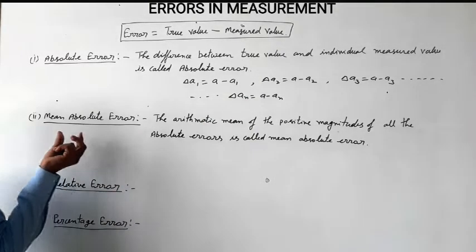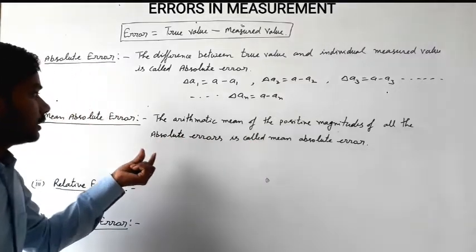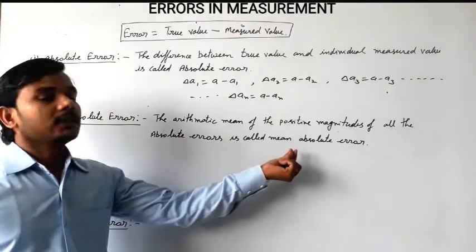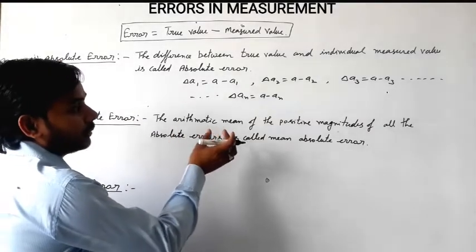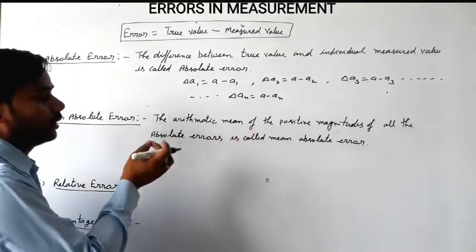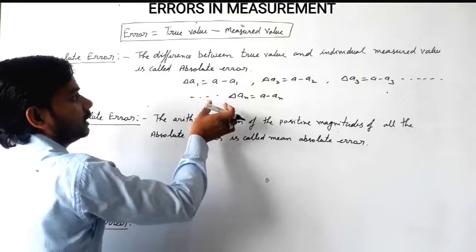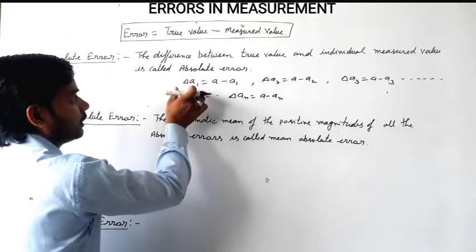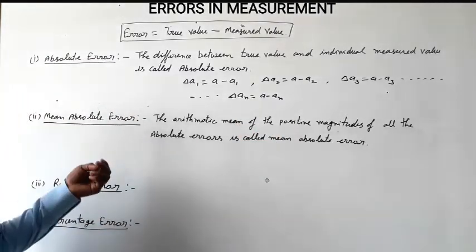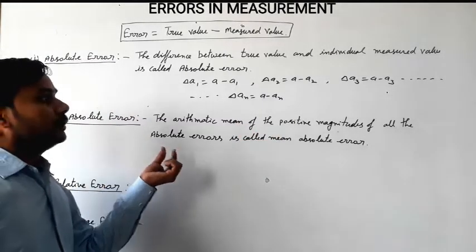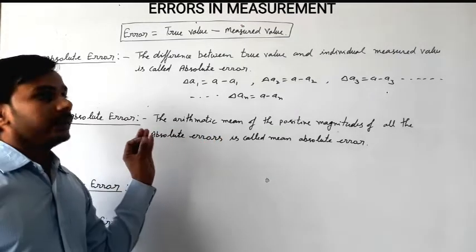Now the next is mean absolute error. The arithmetic mean of positive magnitudes of all the absolute errors is called mean absolute error. Among the absolute errors, there will be some positive values of delta A1, A2, A3, and some negative values. So we have to take only positive magnitudes, which means we cannot take the negative sign.